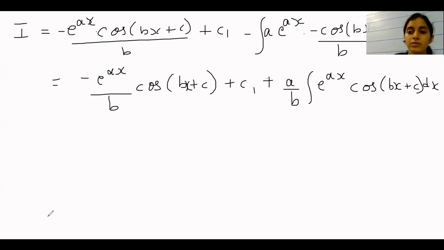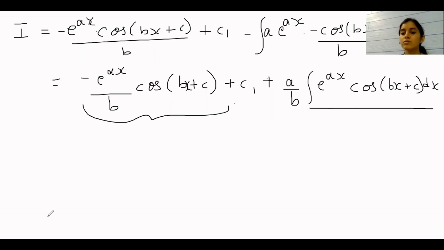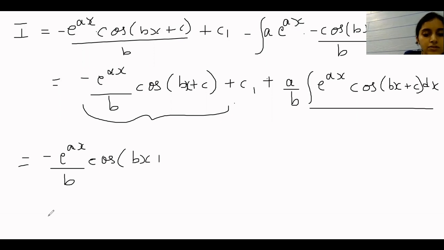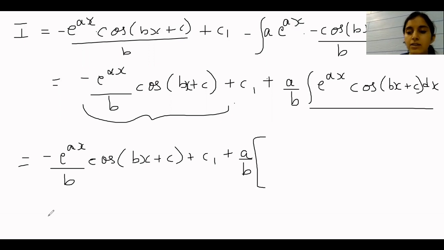Now what we'll do is, this part is already done. We don't have to fidget with it. We'll do the integration of this again by using integration by parts. So we'll have I equal to minus e raised to ax upon b cos of bx plus c, plus c1 as it is, plus a upon b as it is. So let's put a bracket now: e raised to ax cos of bx plus c integration. So again uv dx.